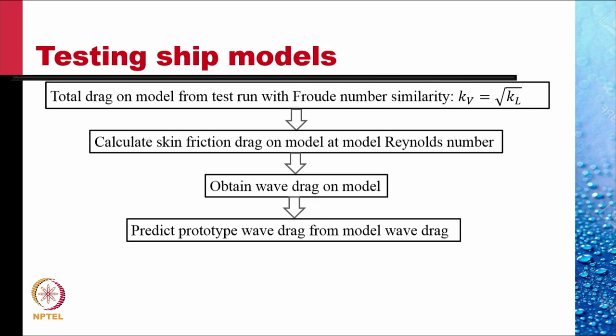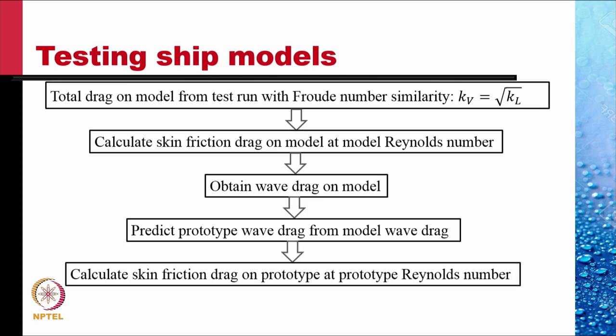And using the 1/2 rho v squared times the area of the prototype, we can predict the prototype wave drag from the model drag. Now we calculate the skin friction drag on the prototype at the prototype Reynolds number.